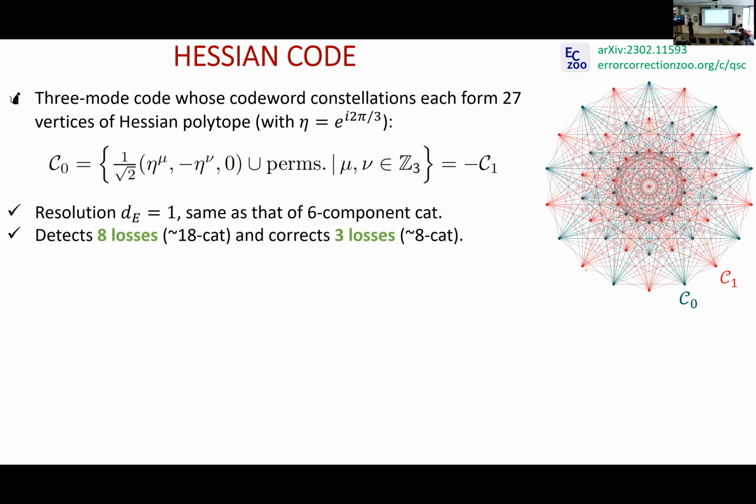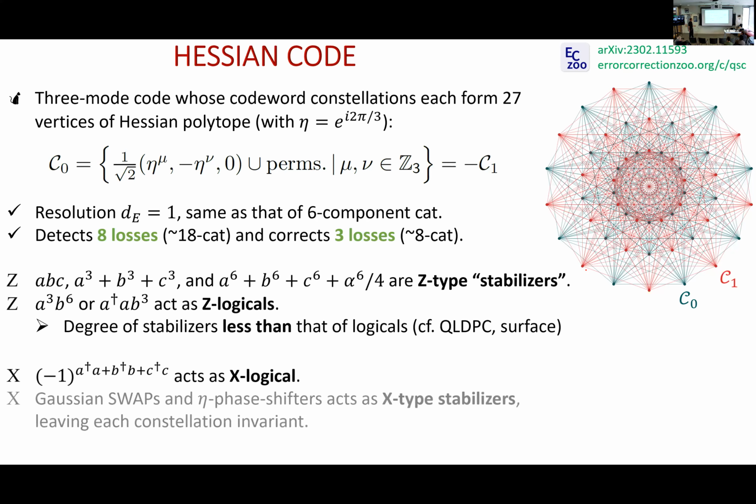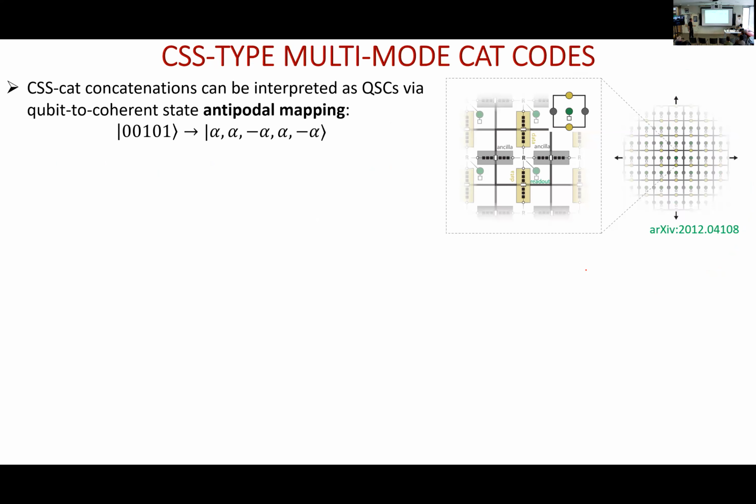So if you fix the resolution and look at a cat code with the same resolution, this code will outperform the cat code, detecting 5 more losses than the cat code and detecting 6 more losses than this cat code and correcting 1 more loss. And maybe I can go back to this after I cover this slide, but probably not.